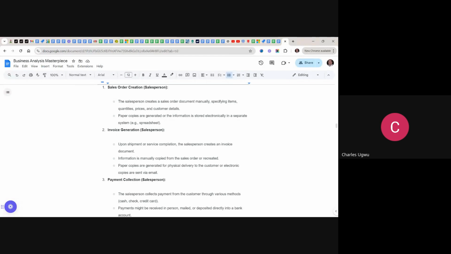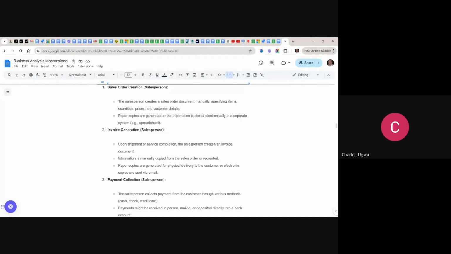Information is manually copied from the sales order or recreated. The paper copies are generated for physical delivery to the customer, or electronic copies are sent via email. So this is how the invoice is being generated.